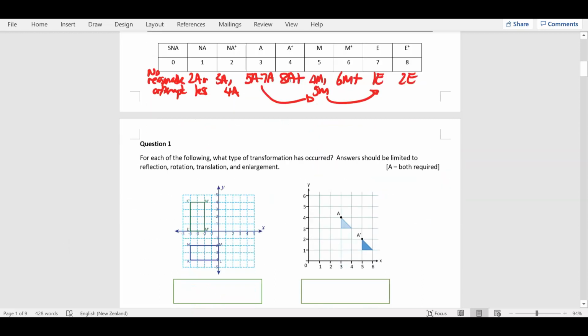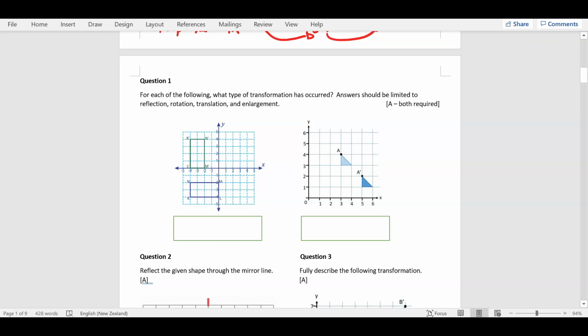the questions. So question number 1, for each of the following, what type of transformation has occurred? Answers should be limited to, and I've told you what the answer should be limited to. If you wrote anything other than that, you're probably marked wrong because you were told very precisely what your answers should be. So we'll look at the first question over here on the left.